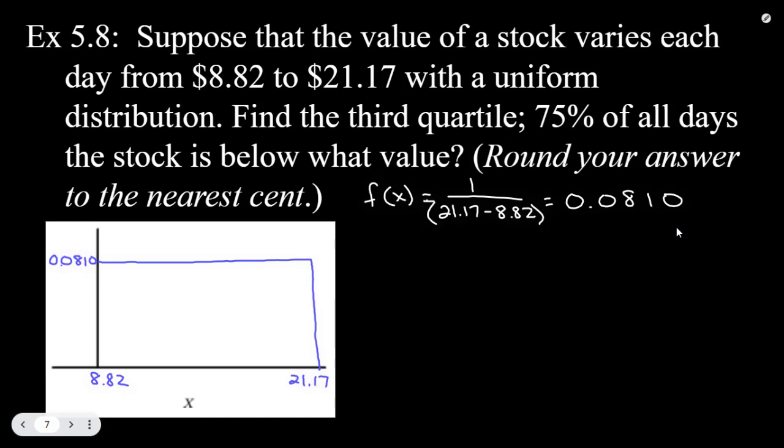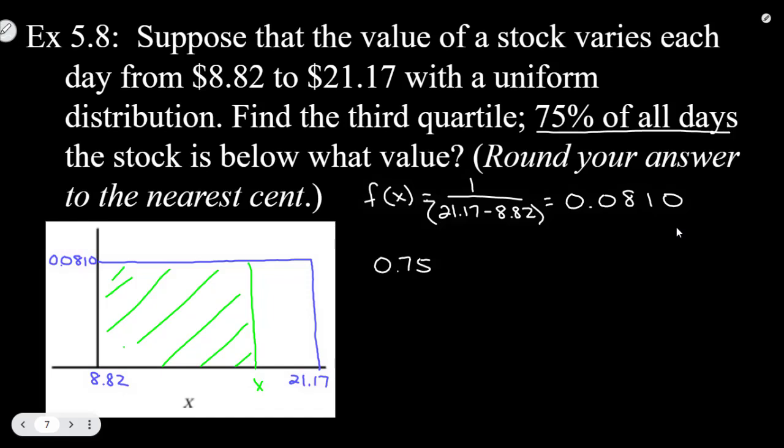Okay, then we want to find the value where 75% of the days are less than this. This one's a little bit different because usually we know the value and we're trying to find the probability. This time we know the probability is 0.75, because that means 75% of all the days the stock is below this certain value.